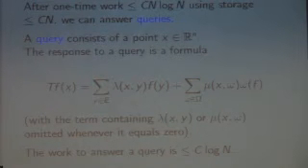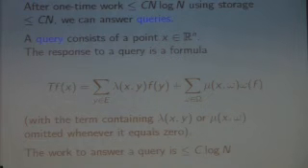So what the query algorithm will return in response to a query x is a short formula for Tf of x. And how much work does it take to answer a query? The work it takes to answer a query is big O of log n. So given a point, we can efficiently decide what is the formula for Tf at that point in terms of f.